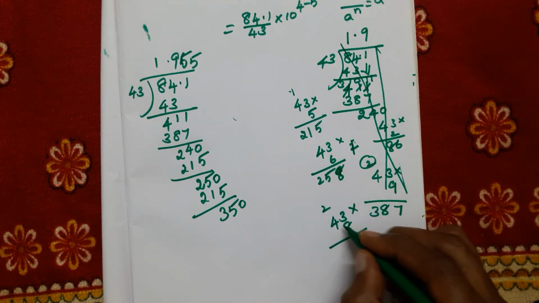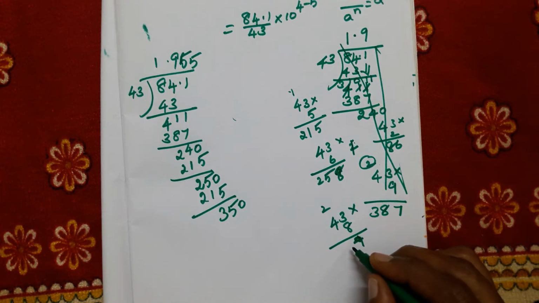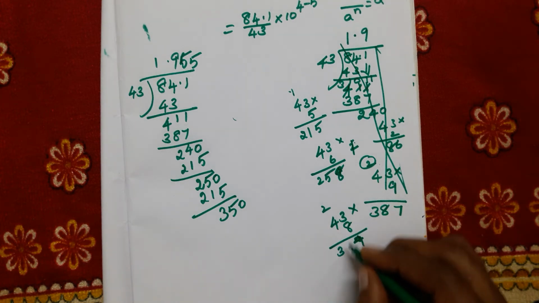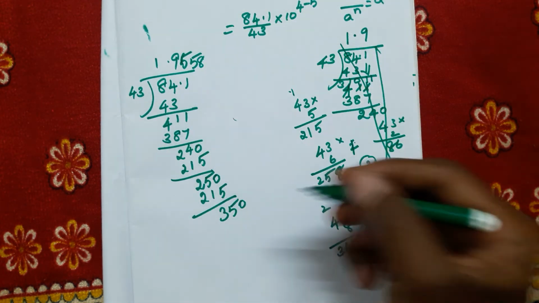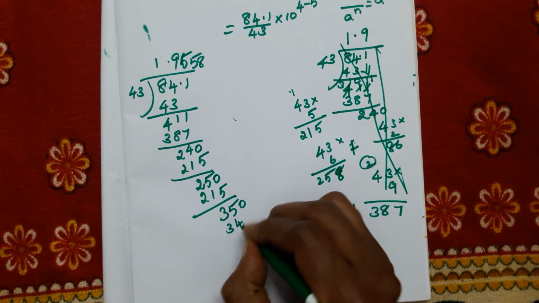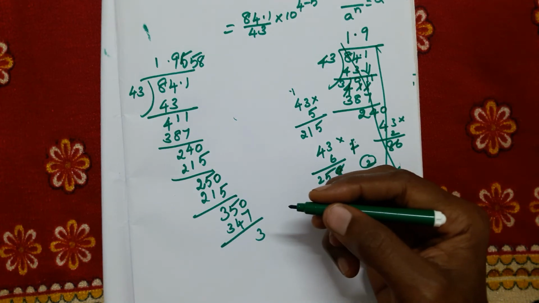Next 2 balance. 8 4s are 32, 32 plus 2, 34. So 8 times we are getting 347. Subtracting, 3 balance.